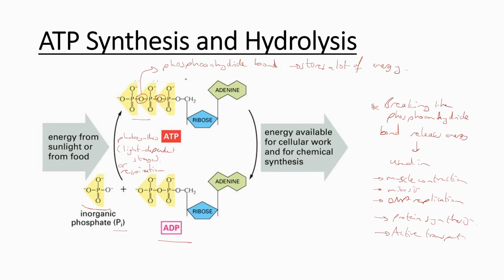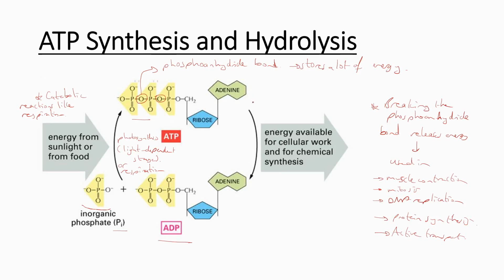So when we make ATP from ADP and Pi, generally it is catabolic reactions like respiration, in which ATP is generated. And catabolic means you're breaking down complex molecules into simpler ones. And catabolism is part of metabolism or metabolic reactions in an organism.